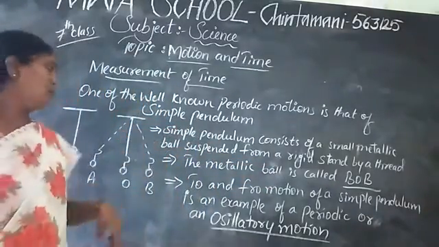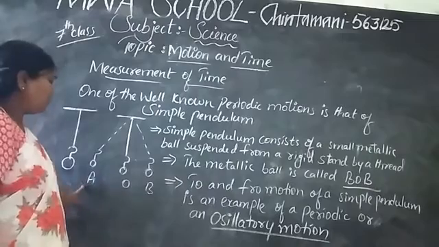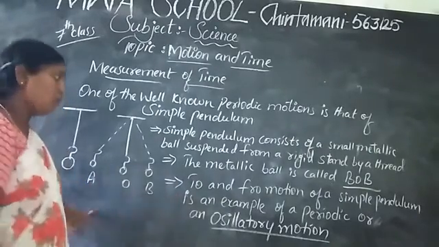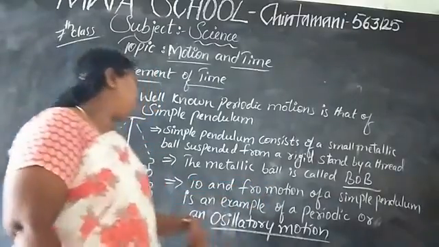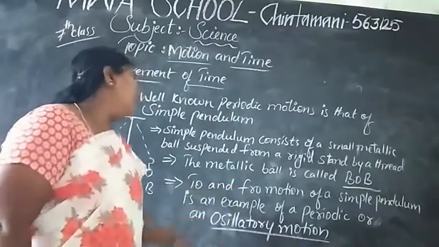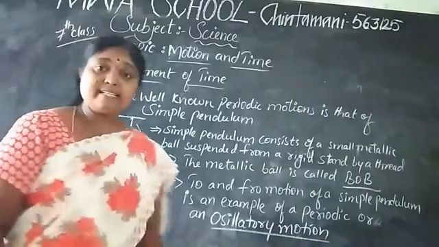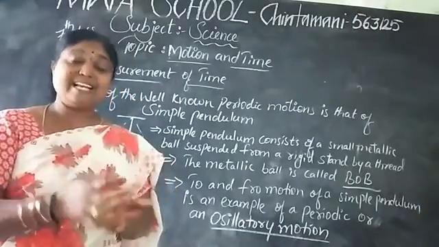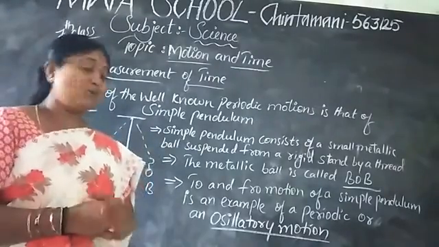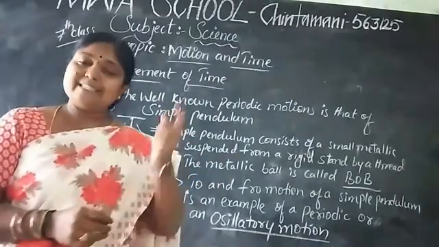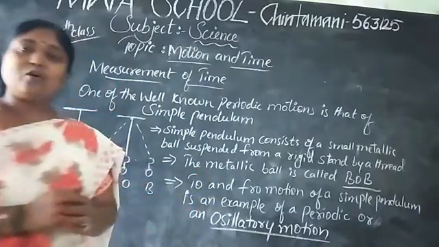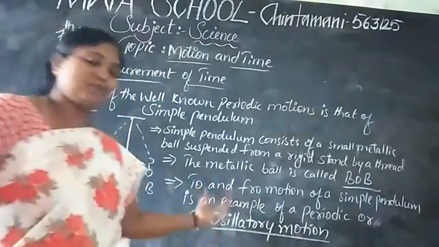How will it move? To and fro. The to and fro motion of a simple pendulum is an example of a periodic or oscillatory motion.